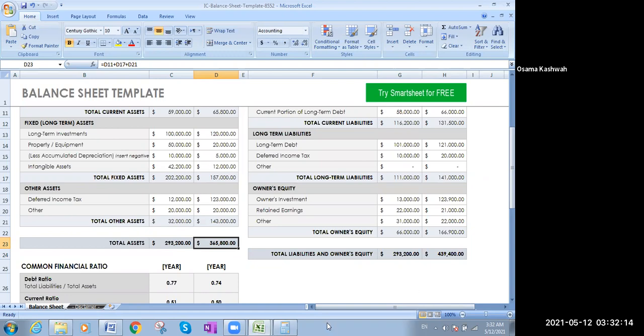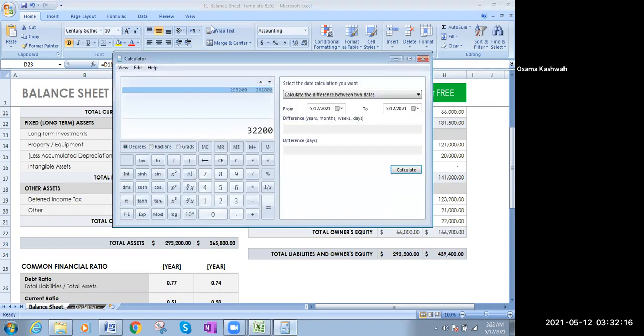I will do it with the calculator again. I will press C, and enter 439,400 minus 365,800.